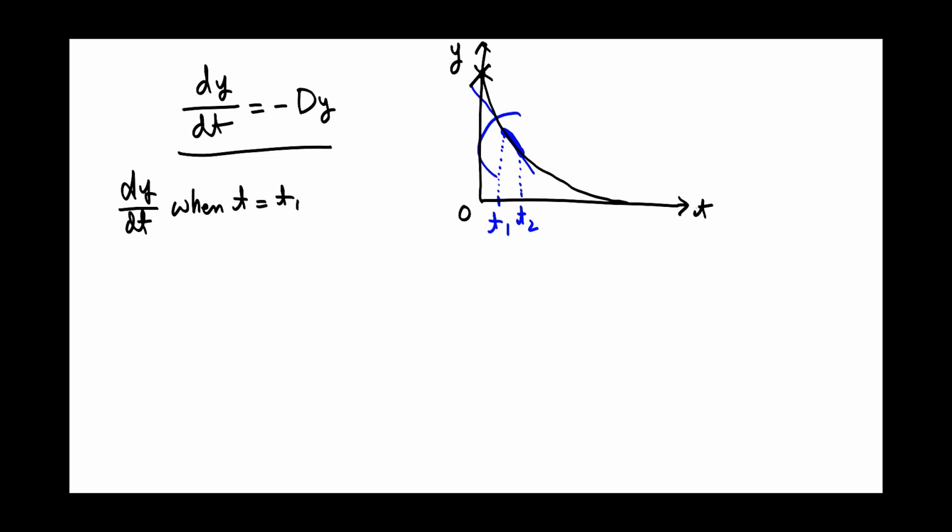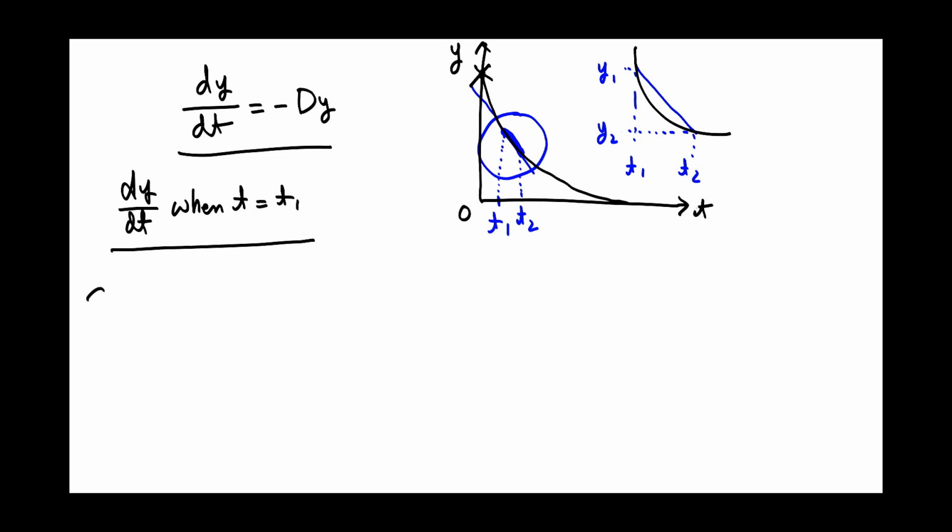So let me magnify this part. Here we will have t2, and here we will have t1. This is y2, and this will be y1. Now, what is this slope then? This slope can be approximated like this: delta y over delta t, which is y2 minus y1 over t2 minus t1.